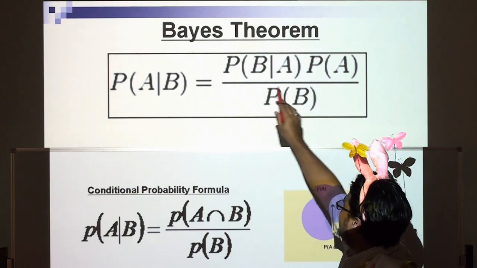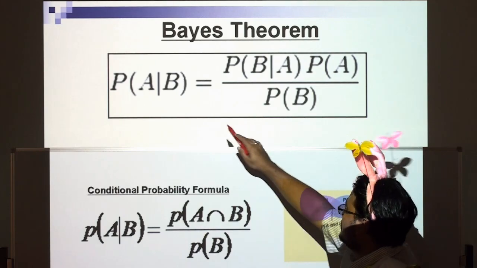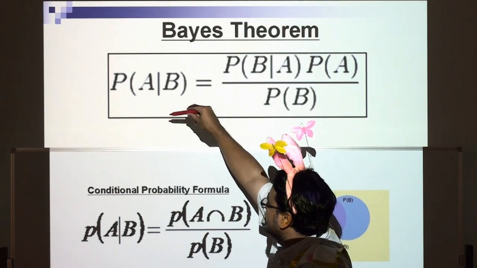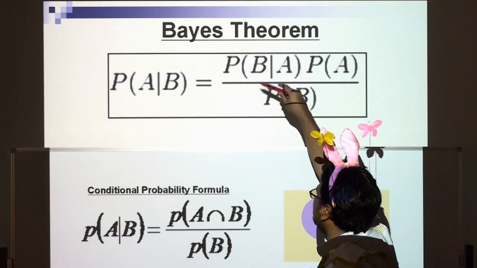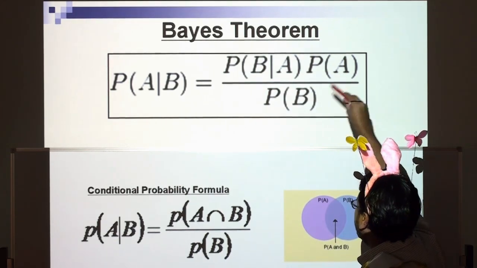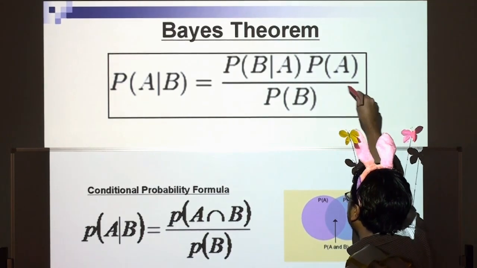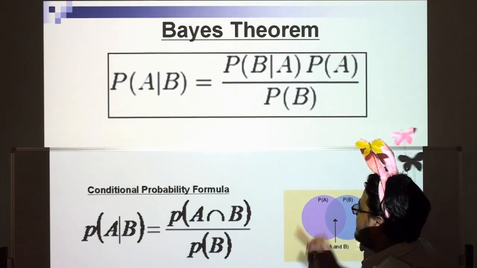Here's the theorem, this is how it's most commonly written. The probability of A given that B is true is equal to the probability of B given that A is true, multiplied by the probability of A, all of that divided by the probability of B.